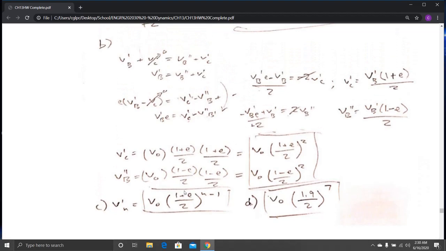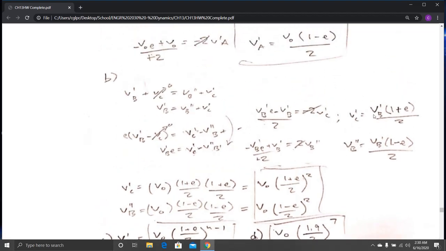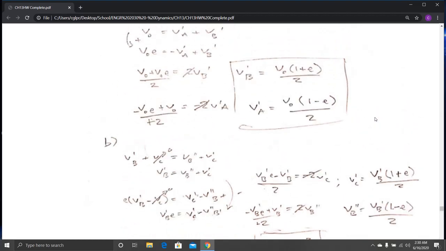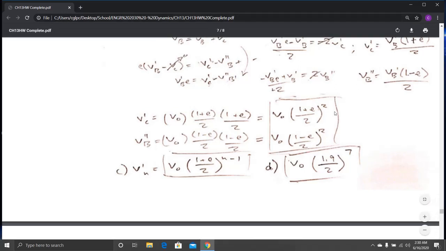I do go ahead and, this is my initial solution here. I'm able to plug in this equation in for the velocity of B after the first collision here. And I end up with this solution, and a pattern can already be distinguished for the nth number of collisions.